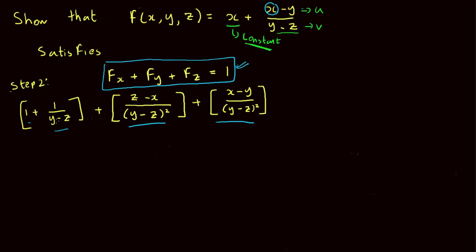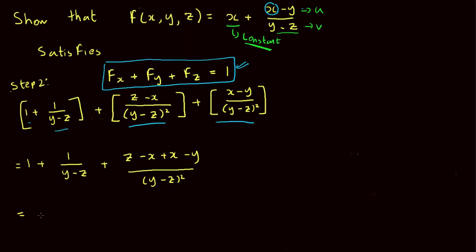All right. So now we solve the problem. So we'd have here 1 plus 1 over y minus z plus z minus x plus x minus y over y minus z squared.